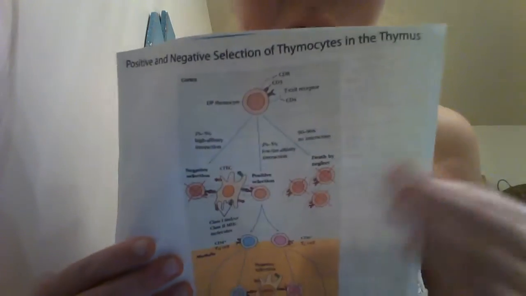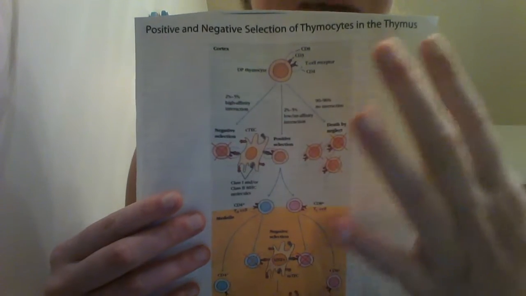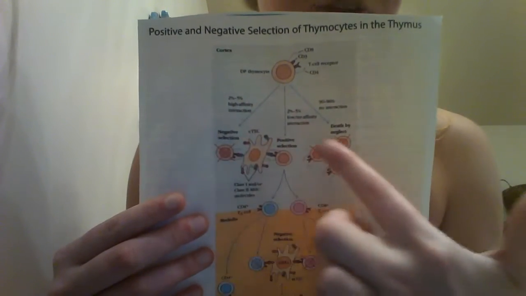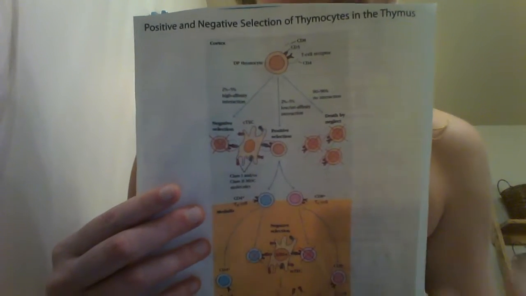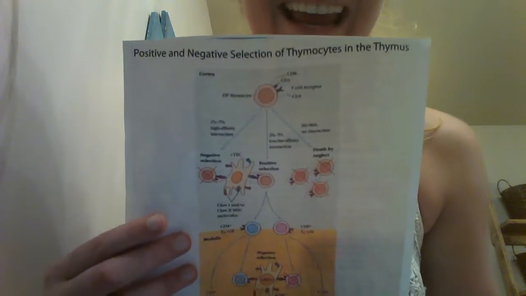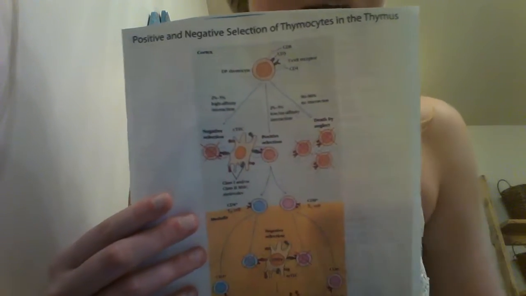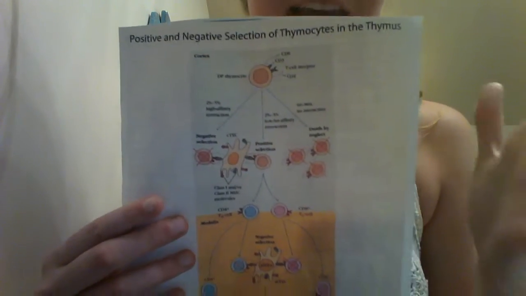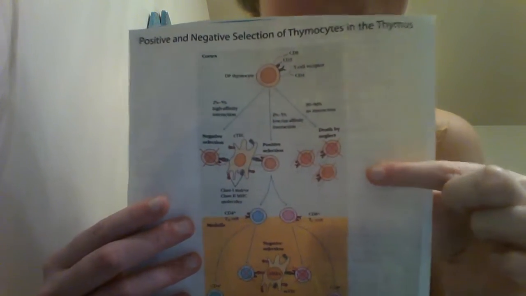Well, I have a figure I want to show you to kind of explain. So we're going to start out with the double positive thymocyte up here. And from here, it can basically be considered to go to one of three fates. And it's all depending on the affinity of their T cell receptors for the MHC self-peptide combination that those receptors encounter. So if the newly generated TCR has no affinity for any of those MHC self-peptides they encounter, then it will die by neglect.